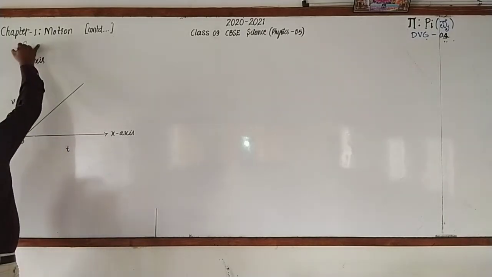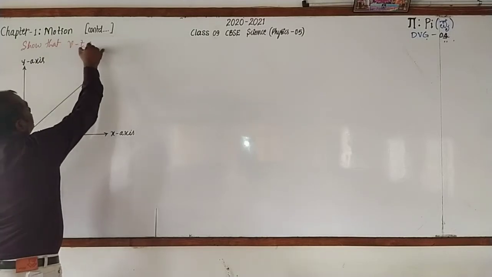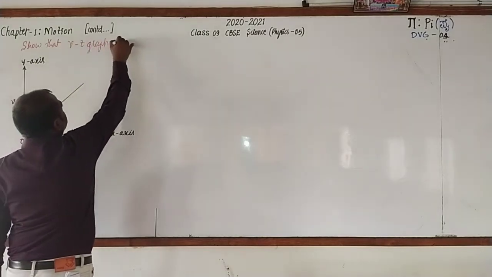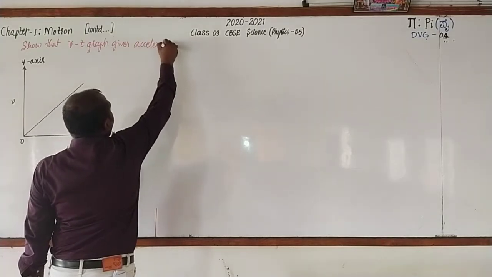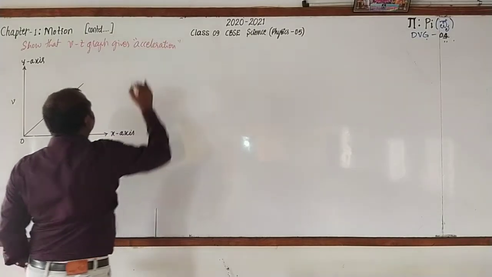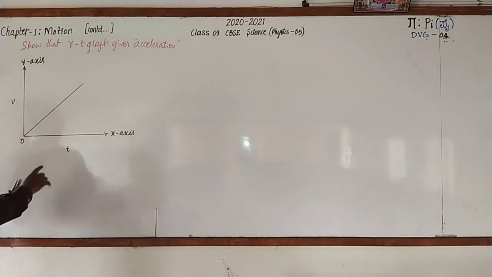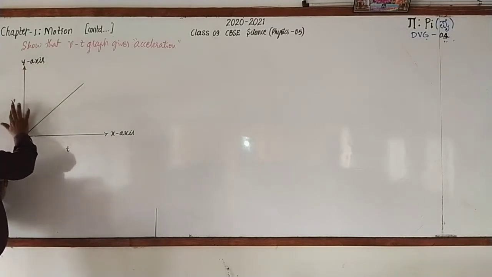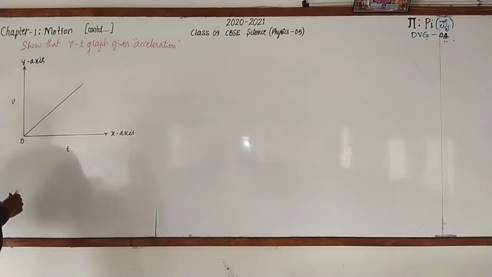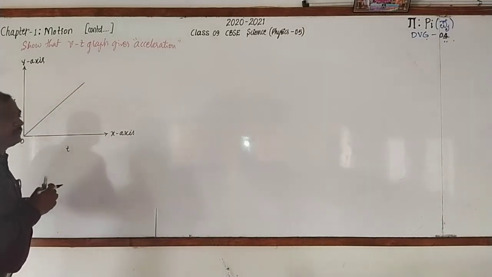It should be written as a question. Here I will write: show that the Vt graph gives acceleration. It can be given in the examination for 2 marks. Here I have drawn the Vt graph. Time is taken along x-axis and V, that is velocity, is taken along y-axis. I am going to take a part of it, just like in the previous one.